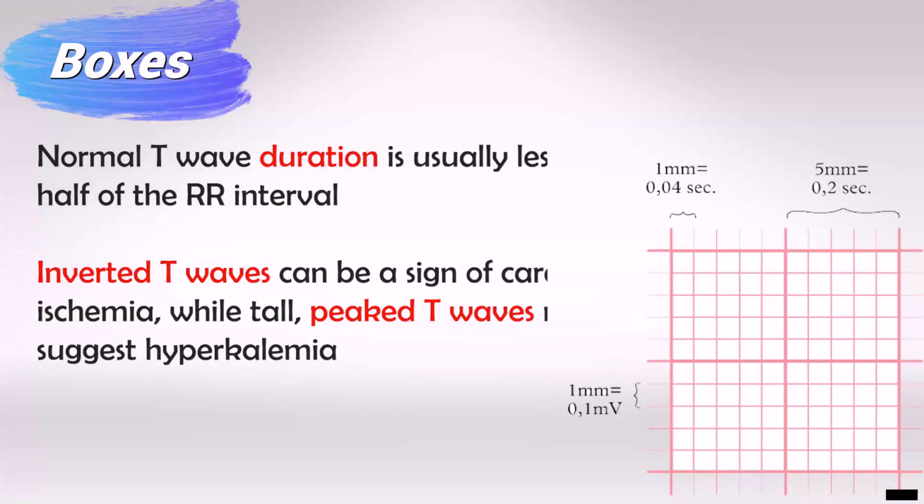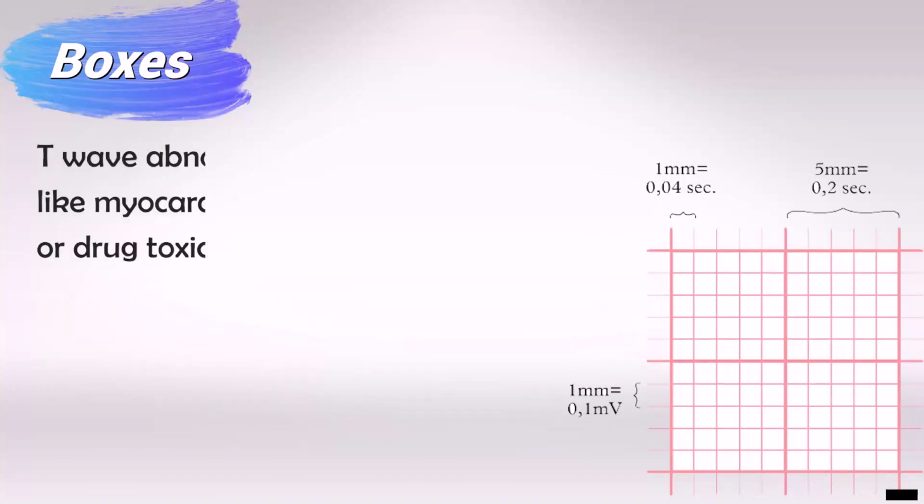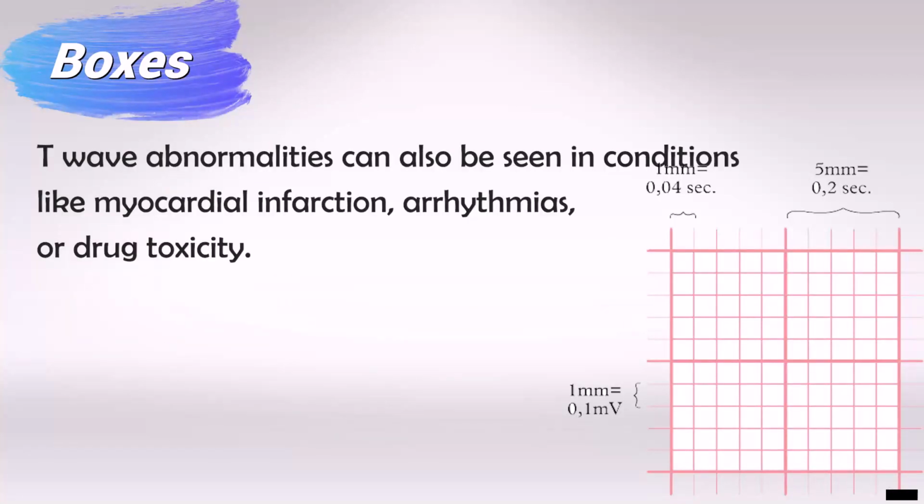Another important rule is that the T wave duration should be less than half of that between the RR waves. The T wave should be tinted or slightly increased, and if it increases too much or peaks, or on the other hand if it flattens or straight out inverts, this can indicate potassium problems. Generally speaking, T wave is important in indicating cardiac toxicity, submedications, or arrhythmia. And these are all the important notes in reading the ECG.